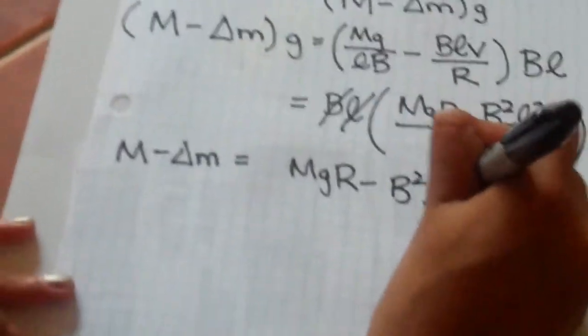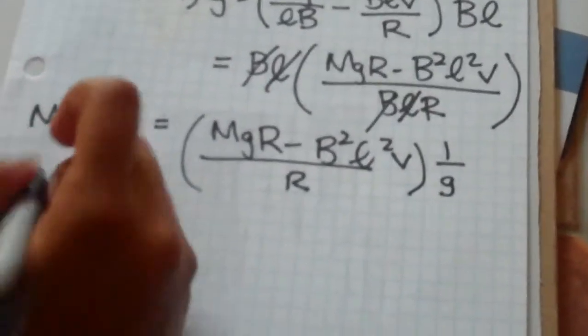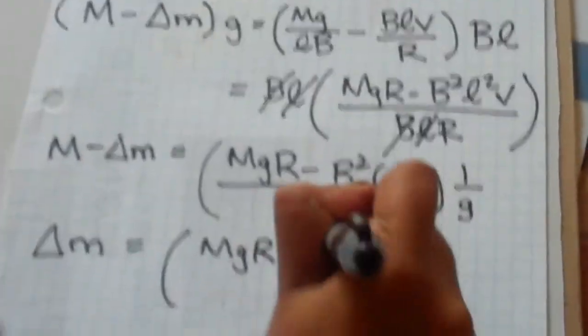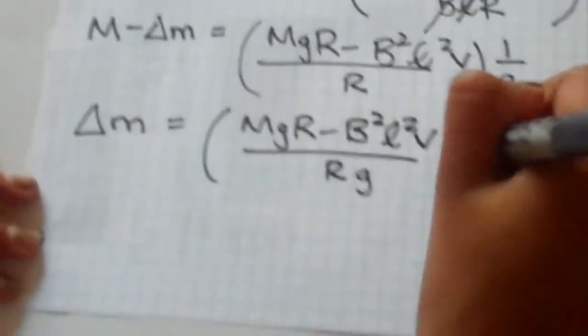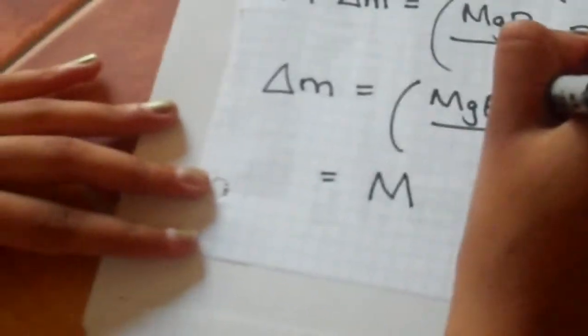and we can also divide by G. Okay, and now we can add M. Okay, so now what you'll notice is that if you split up this huge fraction, you're going to end up with M, because this GR over RG is going to cancel in this case.